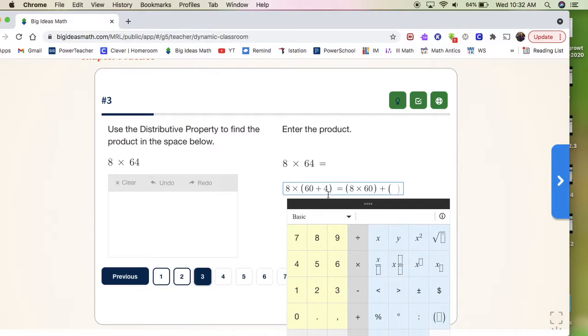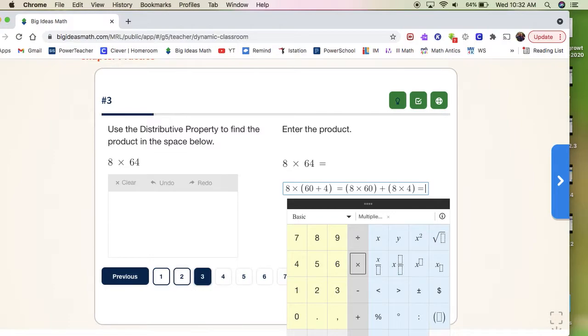And I think I showed y'all on the board, like we were doing 64, if we multiply the 8 times the 4, we would also be multiplying the 8 times the 60. And just regular multiplication that you're used to. So 8 times 4 in parentheses.